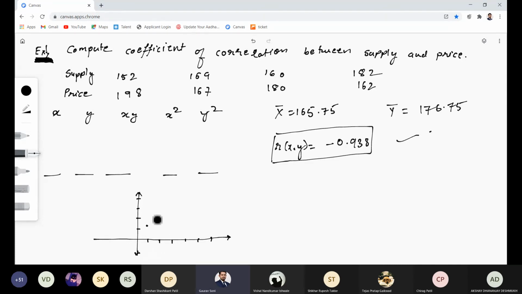So the data, if you plot, will be something like this. I can see that as the value of x is decreasing, there is a negative slope. Slope of the line is negative. So I can adjust this. I'm so sorry, I'm doing it wrong.